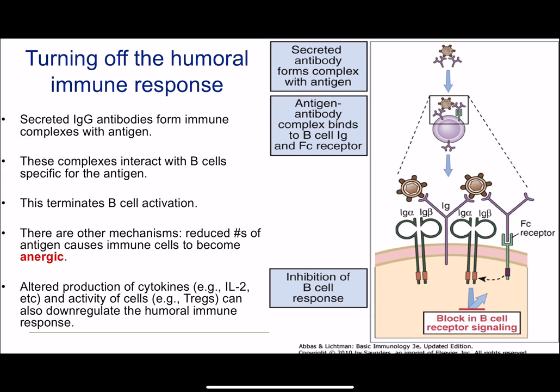They hit the couch, they've got the remote in their hand, and they're not going anywhere. They just shift into neutral and don't do anything. So they stop producing the antibodies and they become anergic. And then oftentimes they just undergo apoptosis after that.